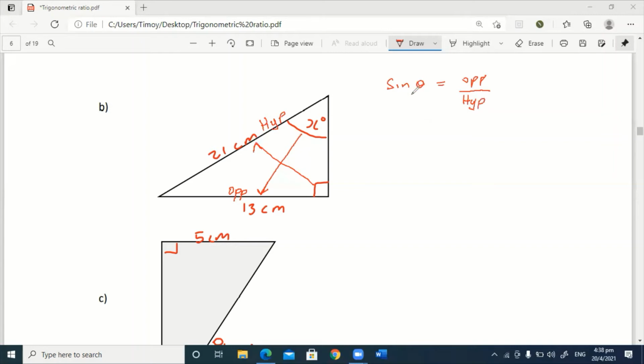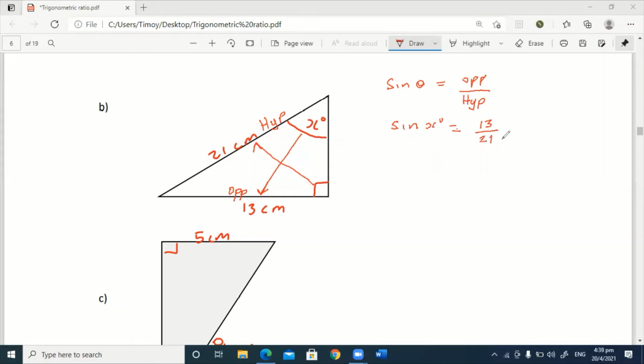Now, what is theta in this case? Theta in this case is just x. So it's going to be sine x degrees, which is the unknown which we want to find, is going to equal 13, because 13 is the opposite length, divided by 21, because 21 is the hypotenuse length.